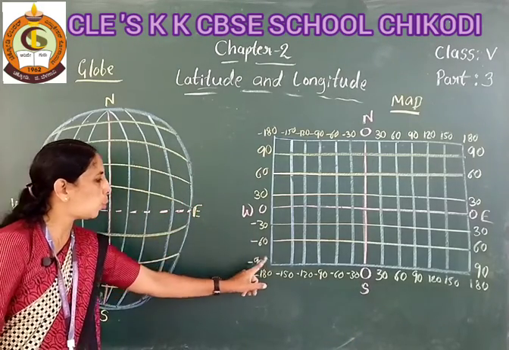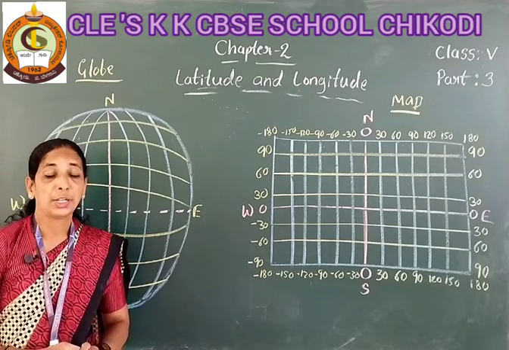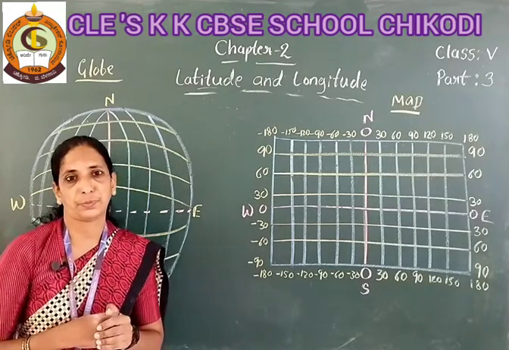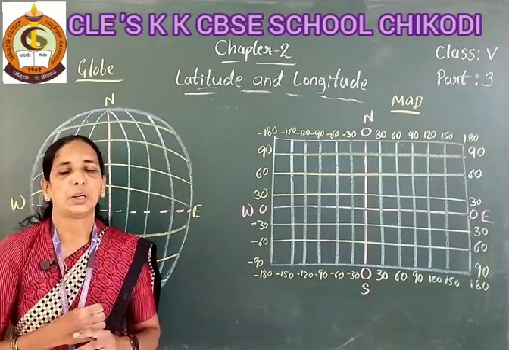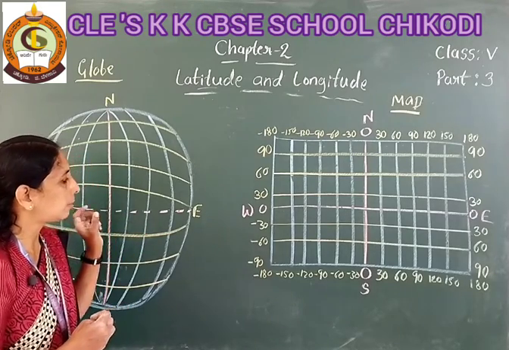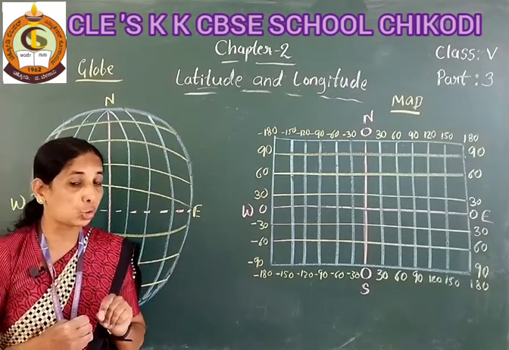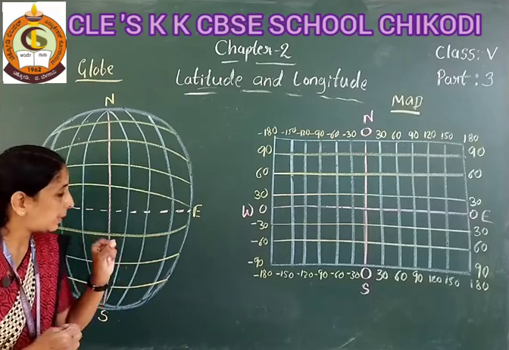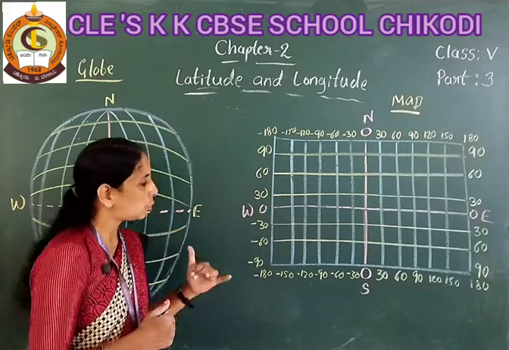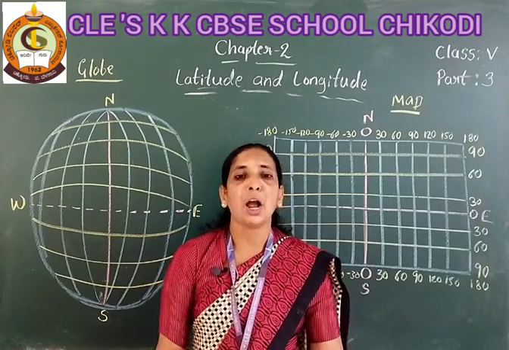These both are important to us because they represent the earth. They help us to locate different places and different things. So globes and maps are very important to us.